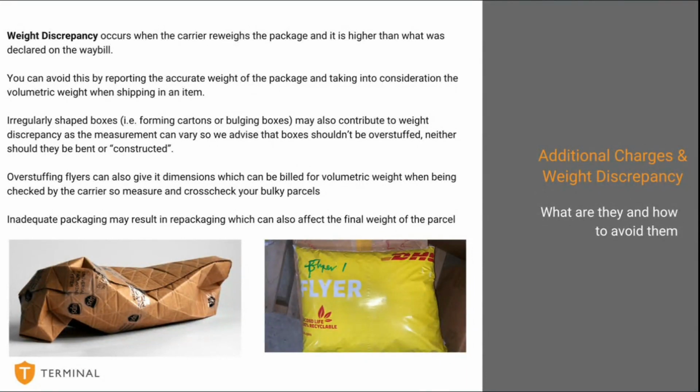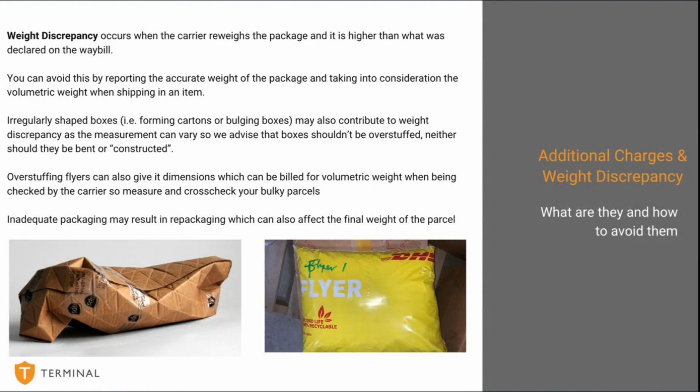Now, irregularly shaped boxes, that is when you have a box that is bulging, overstuffed, or when you reform a carton. So maybe you're trying to cut the carton to cover it, maybe to try and reduce the dimensions. What happens is that it's uneven, the dimensions are not uniform, right?